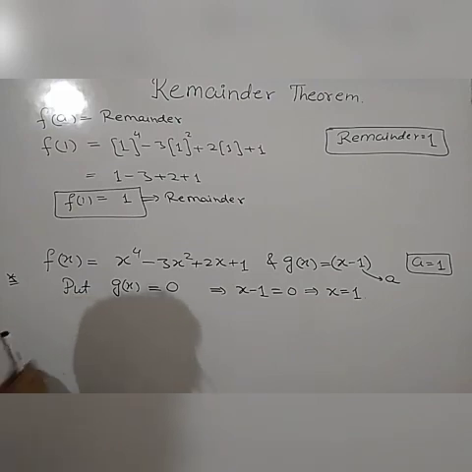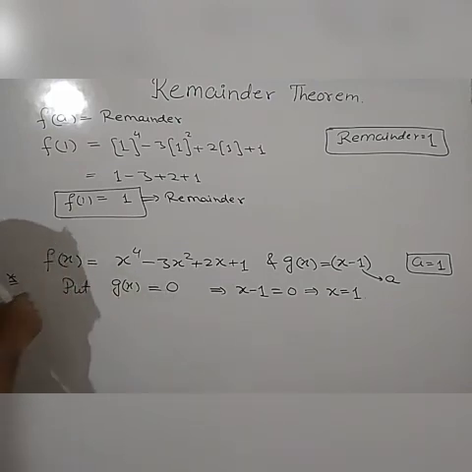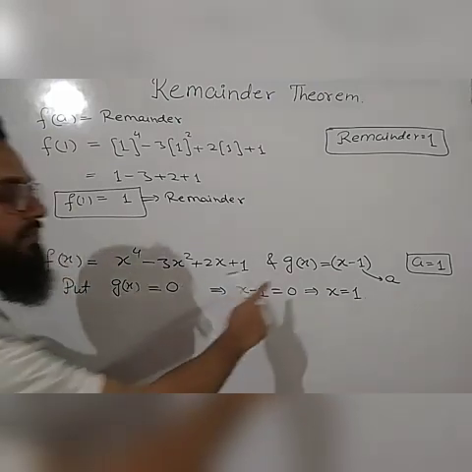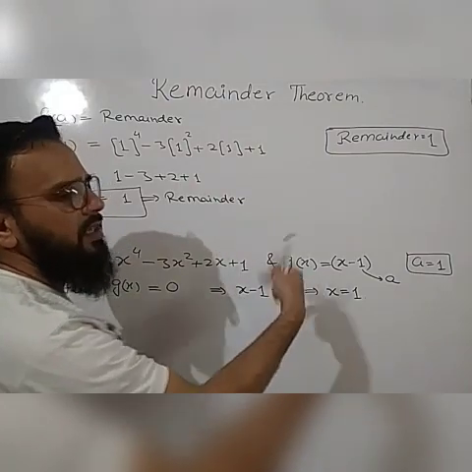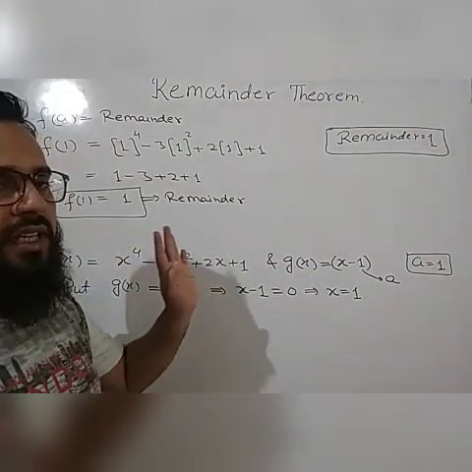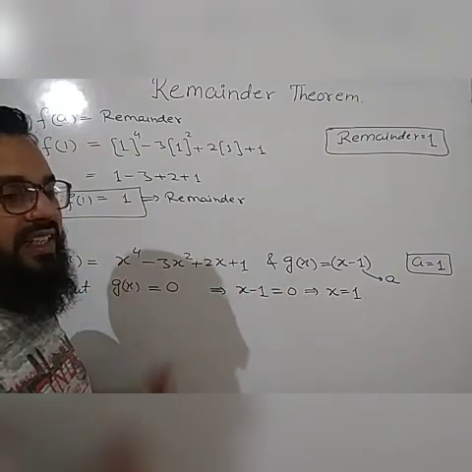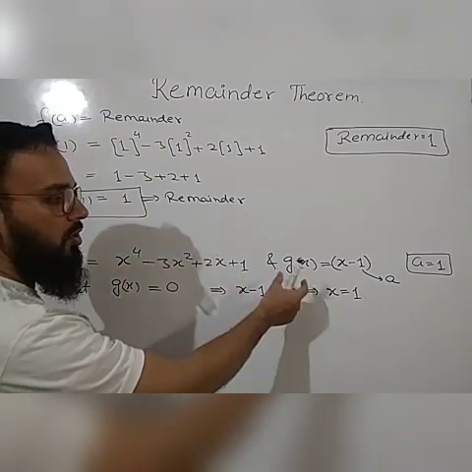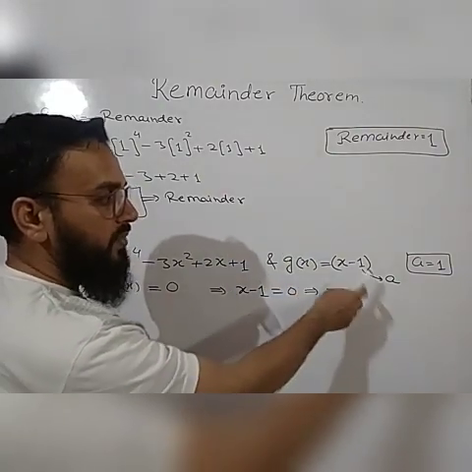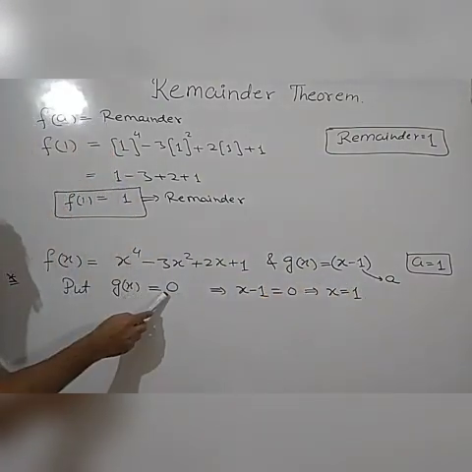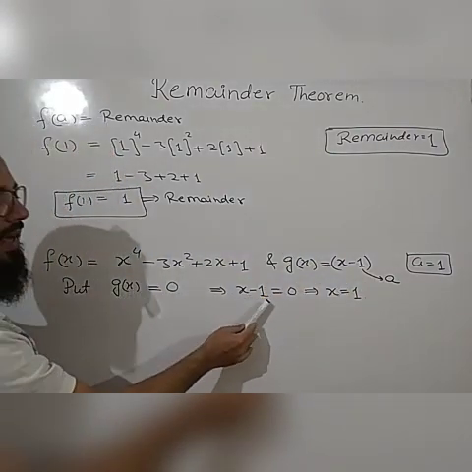What we have to do: we are given a polynomial and another polynomial by which we have to divide. It may be given as g(x), p(x), h(x), anything. But if we have to divide this polynomial by another polynomial, put the polynomial with which we have to divide equal to 0, and we will get the value of x.